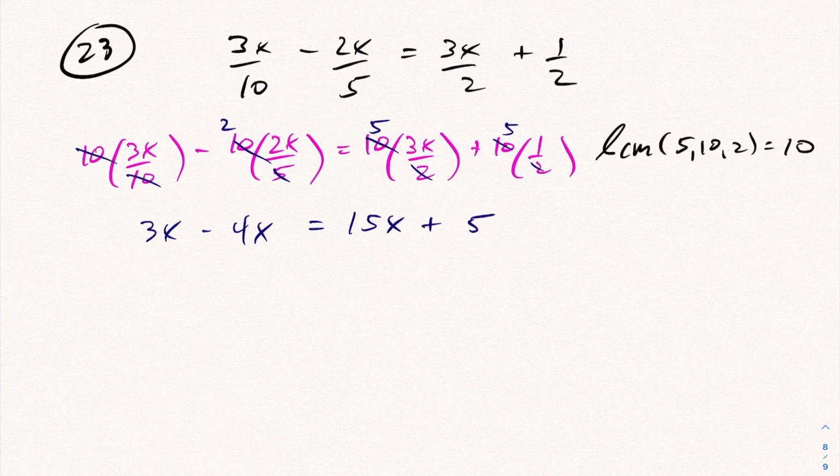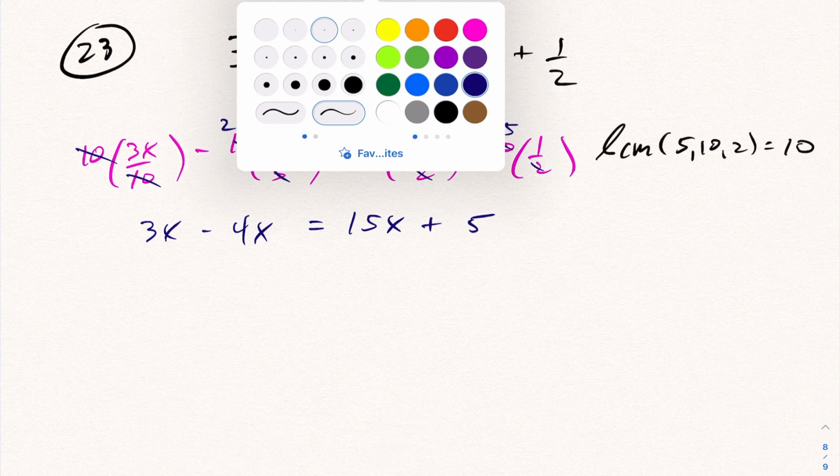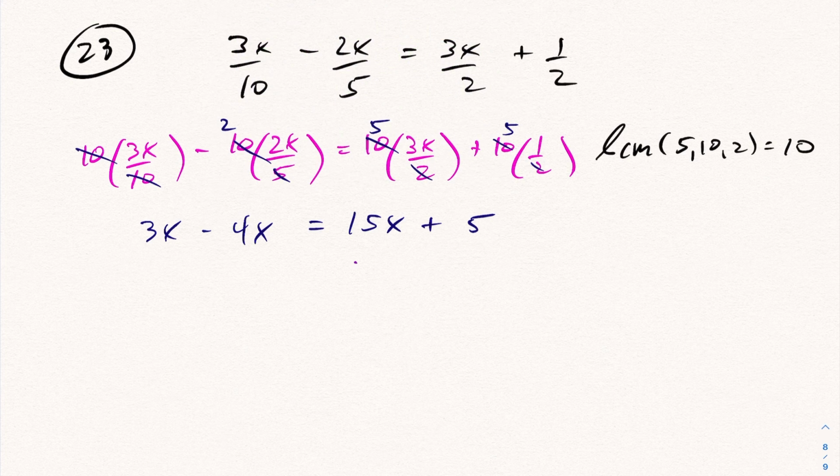So again, now the question is much easier to answer. So in this case here, we want to go ahead and solve. Okay, so now we have 3x minus 4x equals 15x plus 5.